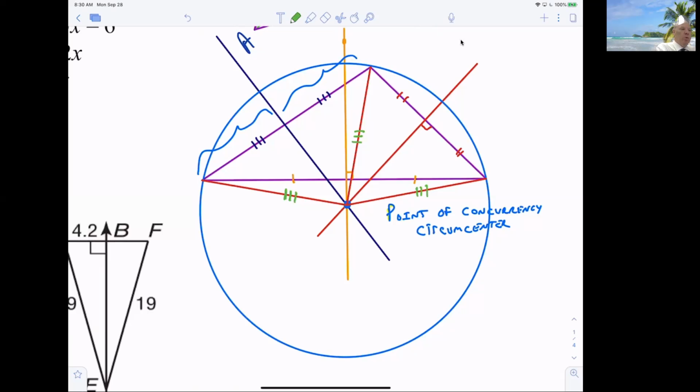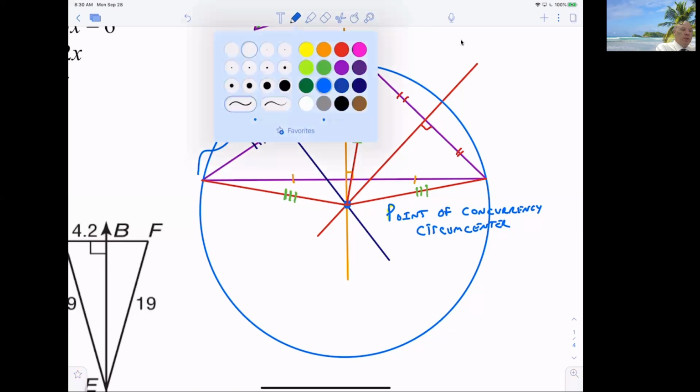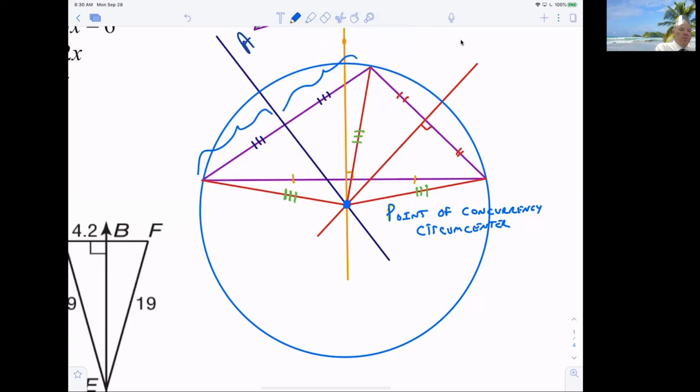This blue point, I'm going to highlight that blue point again, is on the perpendicular bisector of all three segments. Everybody agree with that? Therefore, it is equidistant from all three endpoints. That's pretty cool. Well, it's cool to me.